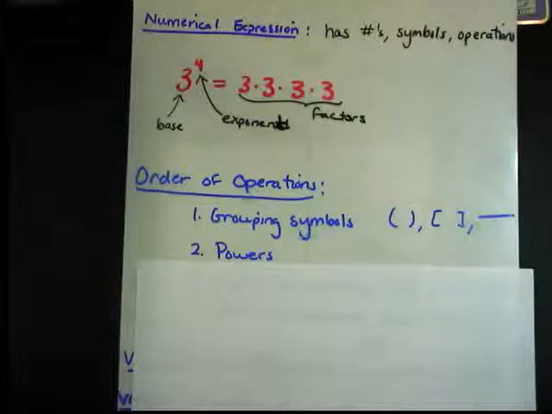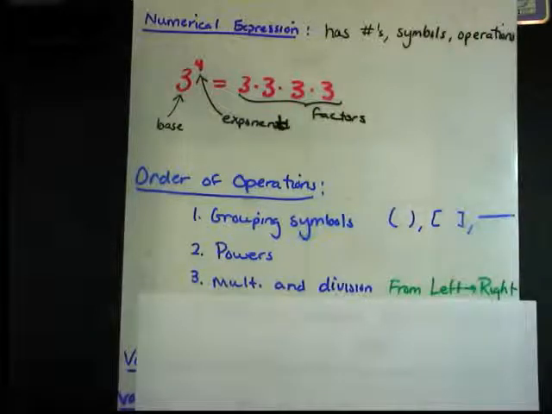The M and the D, it is multiply and divide from left to right. You do not just do the M first because it came first in PEMDAS. You do whichever one comes first in the expression. If division comes first, that's the one you do first.